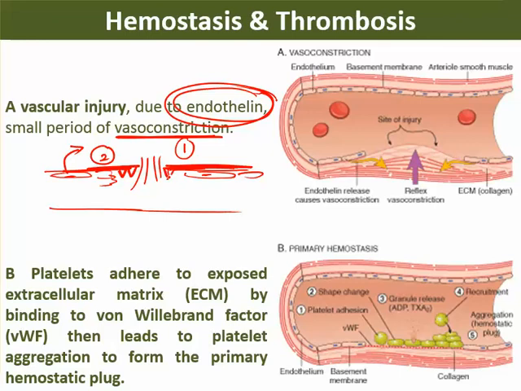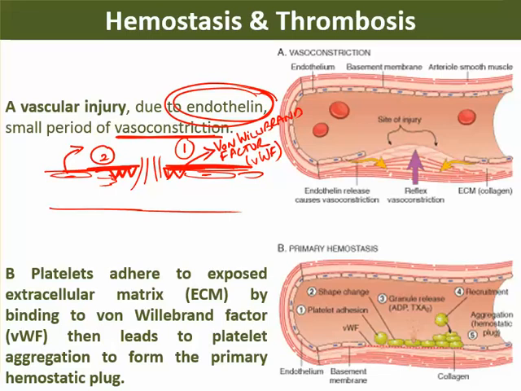That substance is called von Willebrand factor. You have to memorize von Willebrand factor. That substance is there in the basement membrane.